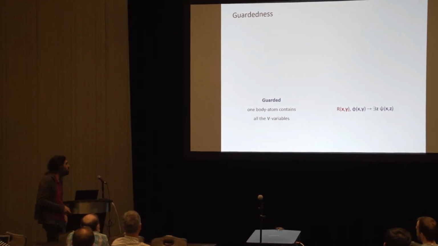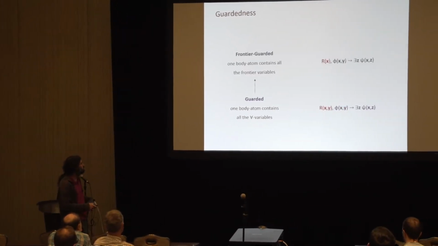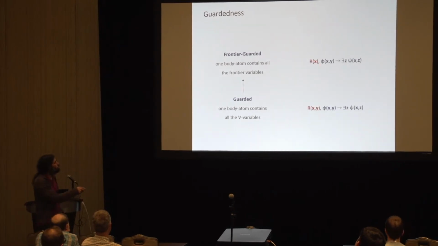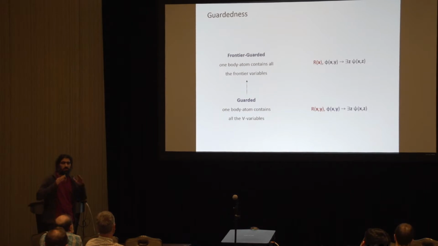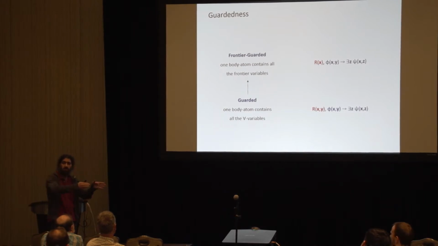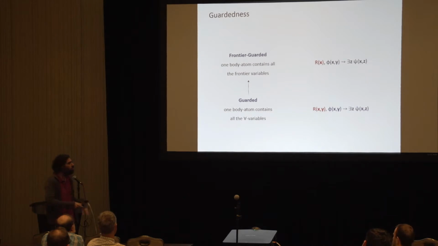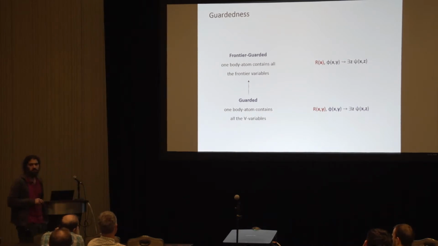This is the guard. This can be easily generalized to a language where we need to guard only the frontier of the rule. And what is the frontier? These are the universally quantified variables that also appear in the right-hand side of the implication, in the head. As you can see here, X is the frontier, and we need to guard these variables.